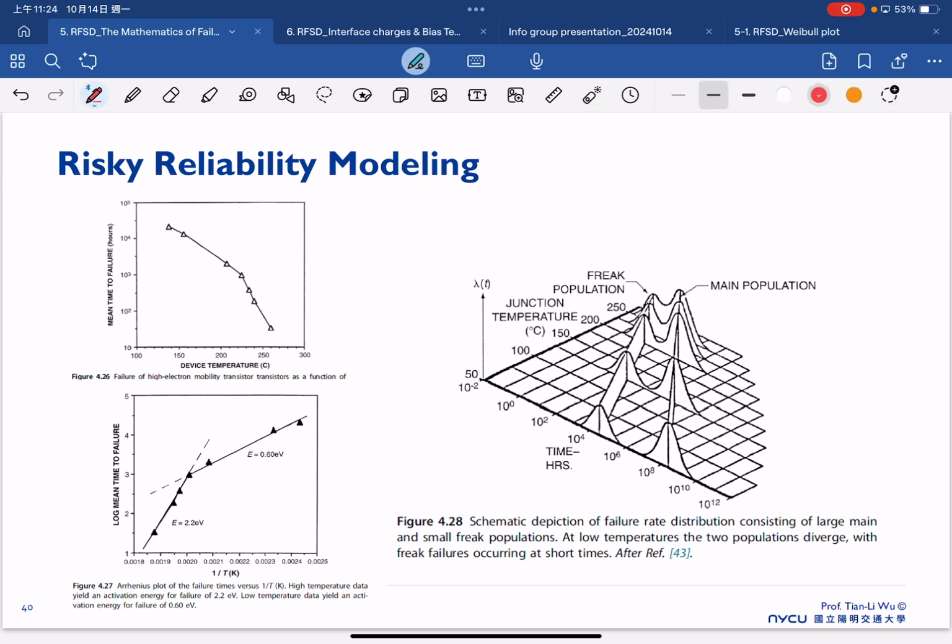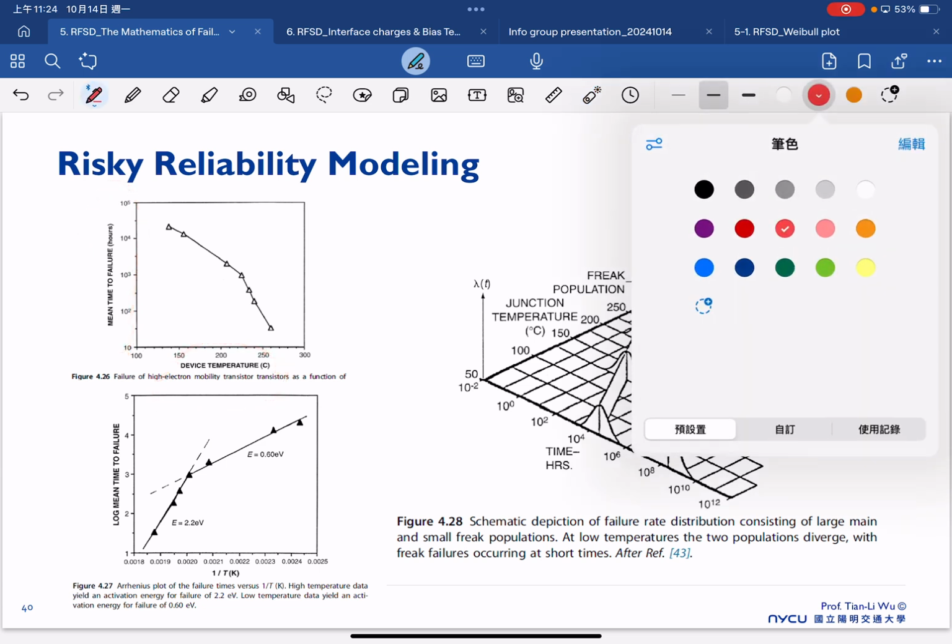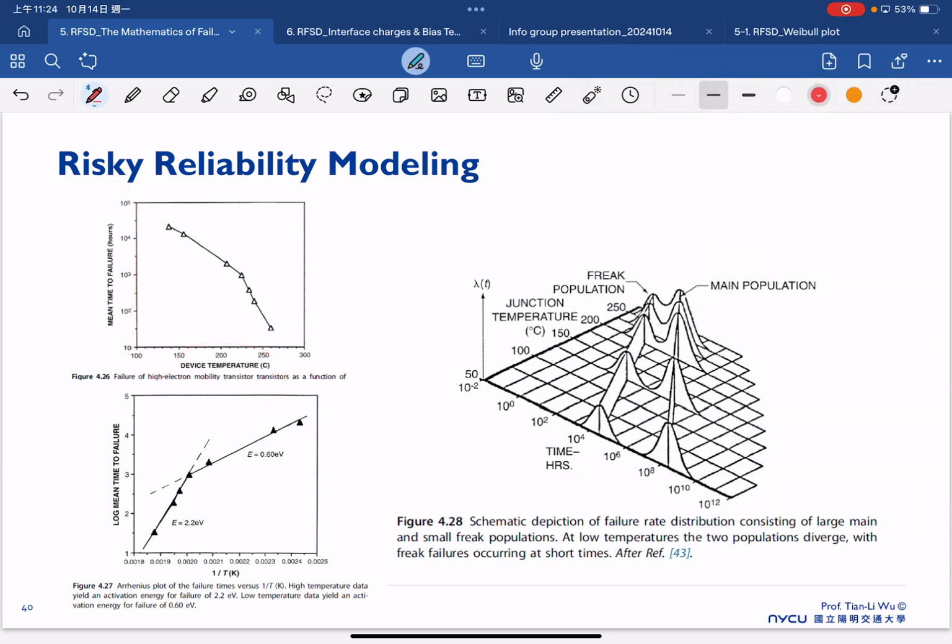This is the mean time to failure versus device temperature. Now we can see that at high temperature there's one slope, and in the relatively medium temperature range there's another slope. So this slope indicates a different reliability mechanism.